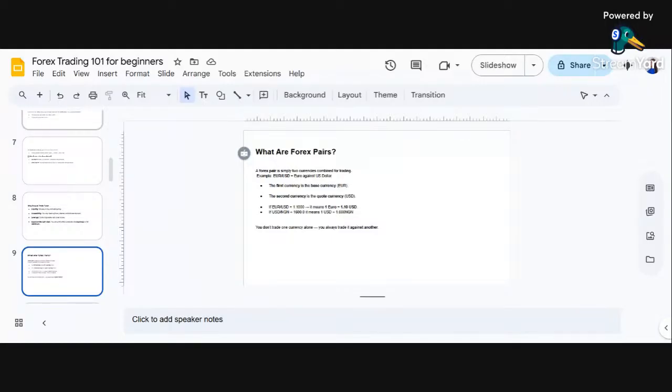For EUR USD, the first currency is called the base currency, while the second currency is called the quote currency, right? So euro is the first one, called the base currency, because you are using the quote currency to buy the base currency.